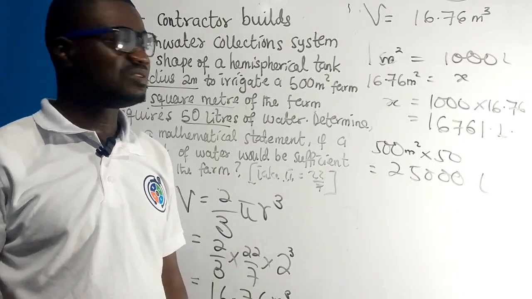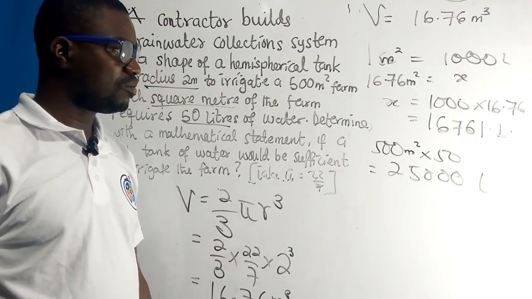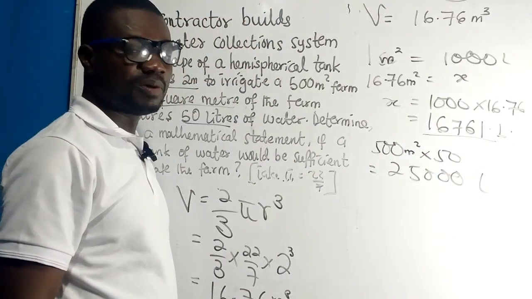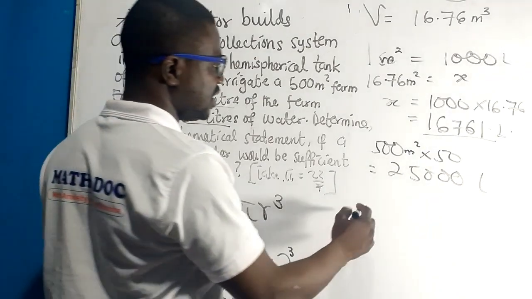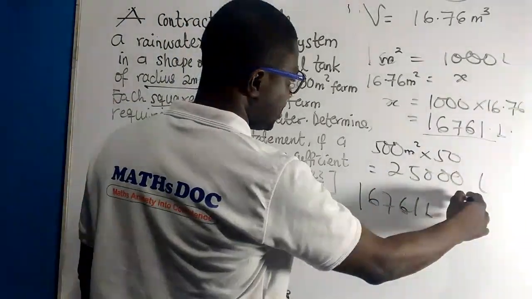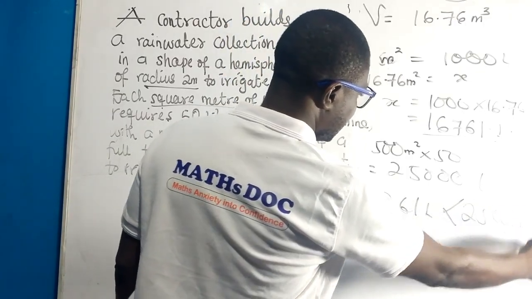So now let's get our mathematical statement. Let's compare the amount of water held by the hemisphere, which is less. So 16761 liters is less than 25,000 liters.